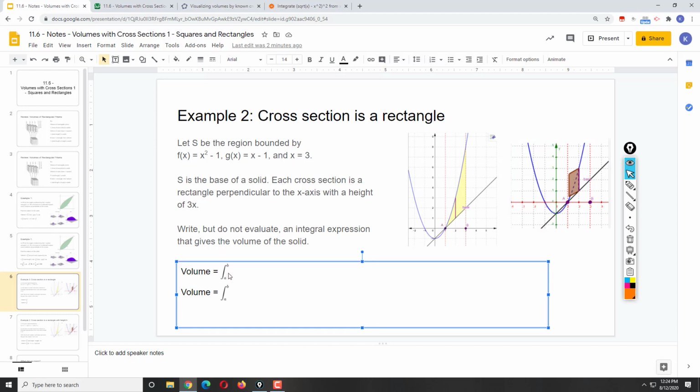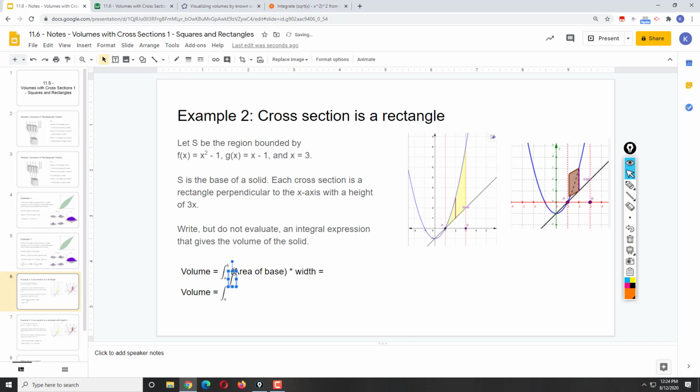So we know that the volume of our rectangular solid has to be the area of the base times our width, because we're integrating from left to right. Okay. Now, the width is just dx.